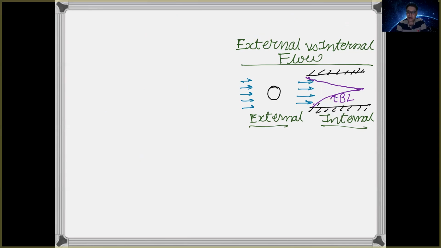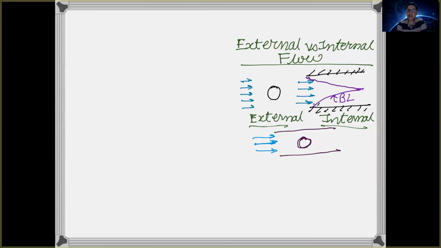However, we many times observe a problem which has characteristics of both external and internal flow, such as this problem. If this circular solid object is placed inside a pipe or a channel, then this problem has characteristics of both external flow and internal flow.